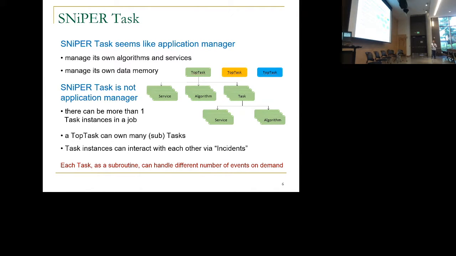A top task can own more than one subtask, and all task instances can interact with each other via incidents. In this way, each task acts as a subroutine, so that we can handle a different number of events on demand.